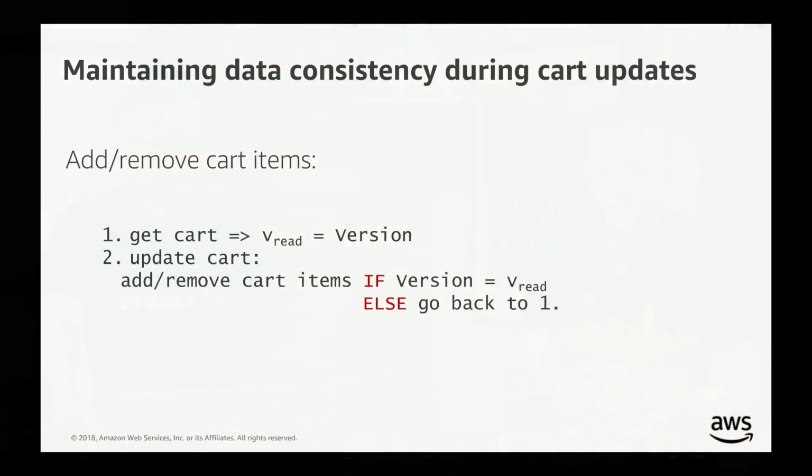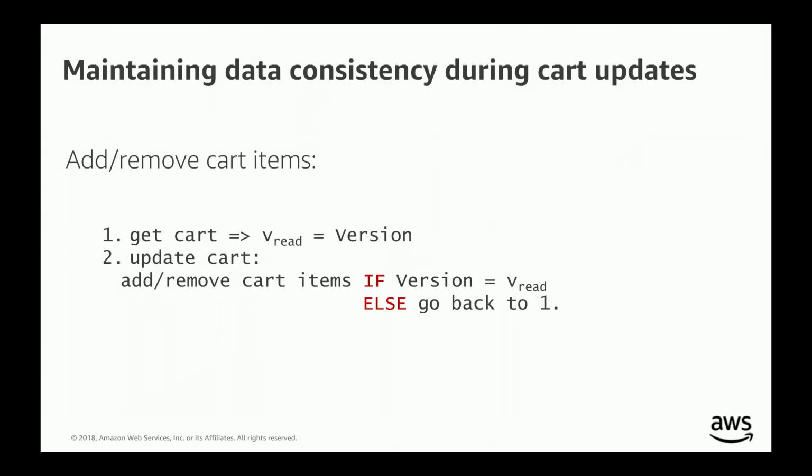So if we're talking about adding or removing items to the cart, the algorithm essentially is this: we have to read a cart and record the current state. Usually we would use a version attribute. And then when we update the cart, whether it's to add or remove items or anything, this update should succeed if the version at the time is the same version that we have.